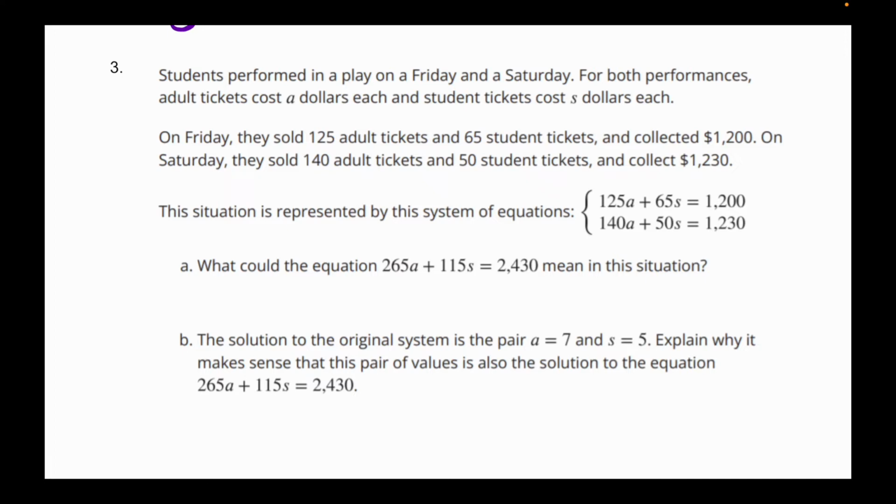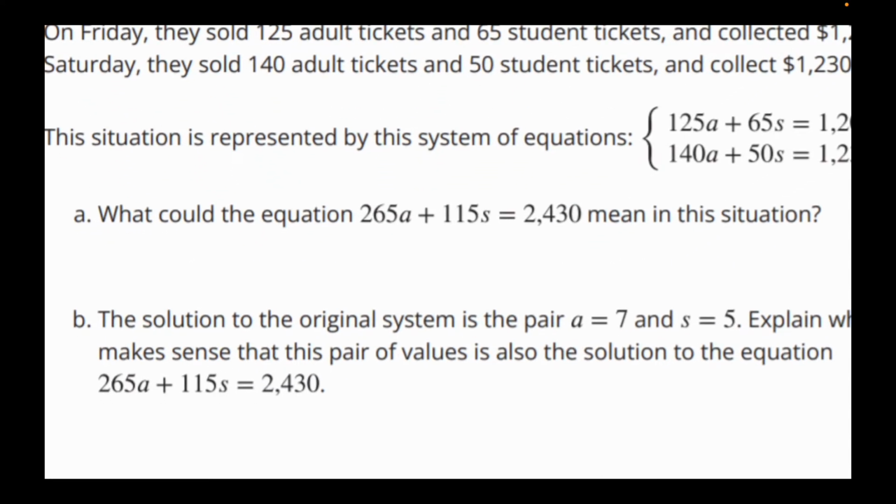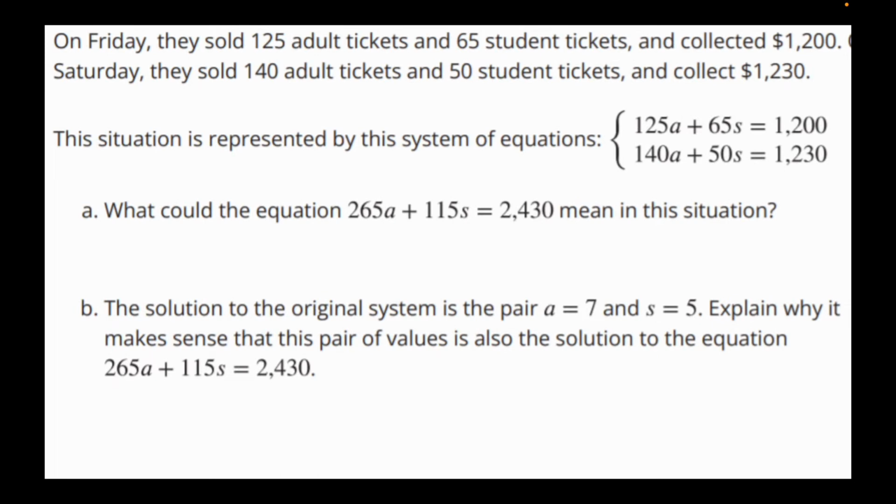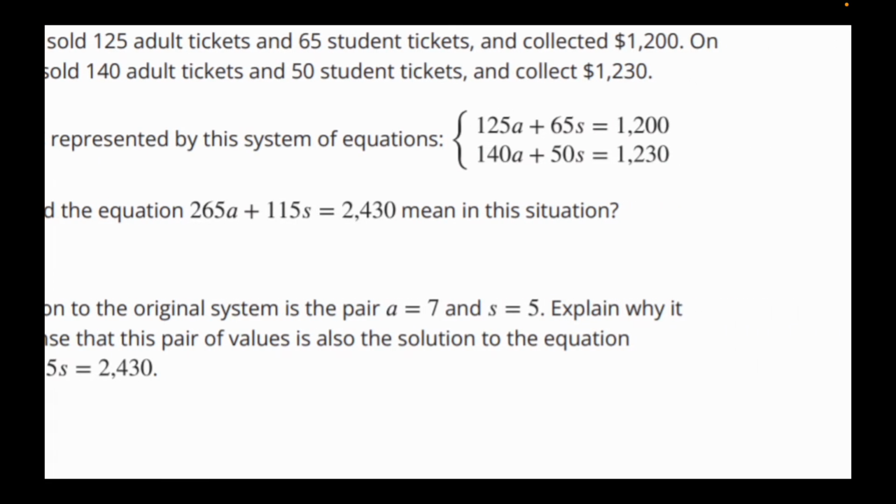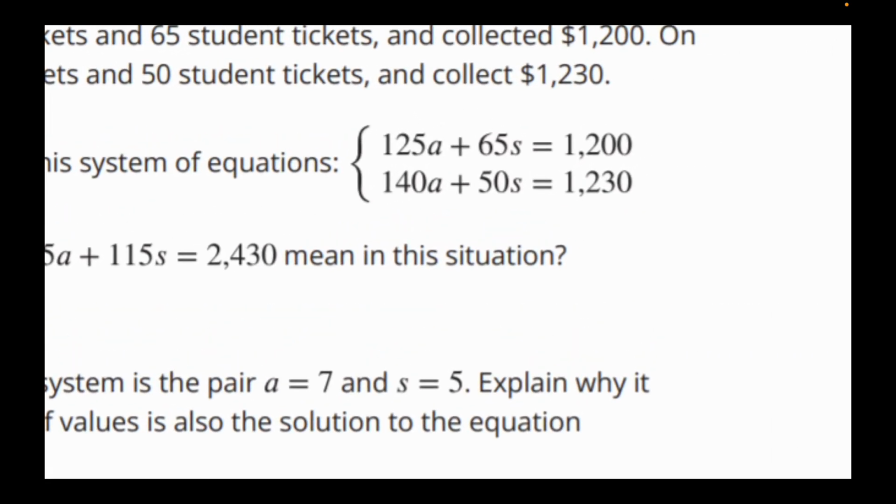They want to know for part A, what could 265A plus 115S equals 2,430 mean in this situation? That is going to come from adding the two equations together. And so let's actually look at that first, and I'll show you what I mean.